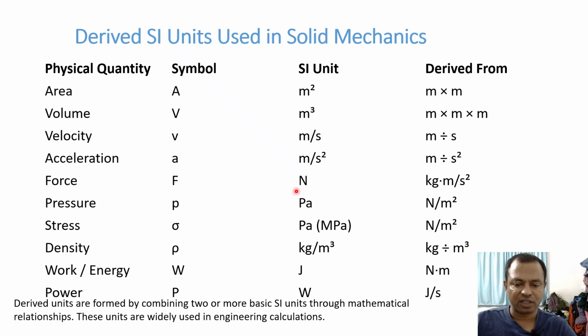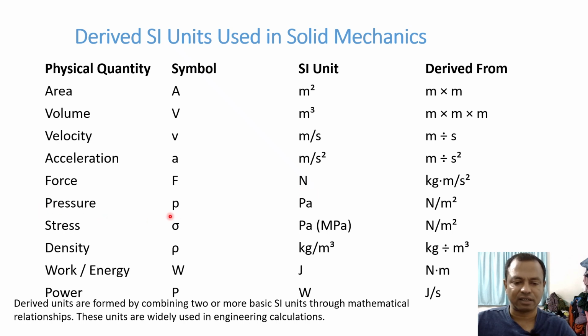Force, Newton. Newton is derived from kilogram meter per second square. We know that F is equal to ma. Mass into acceleration. Unit of mass is kilogram. Acceleration is meter per second square. So 1 kilogram meter per second square is known as 1 Newton.